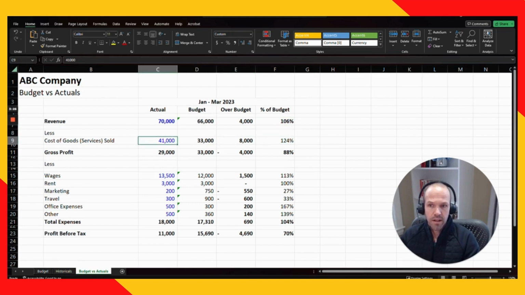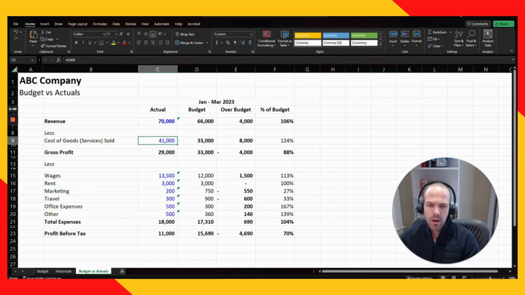And just a reminder from the other videos, cost of goods sold is basically the ingredients that go into those pizzas. So the budget for cost of goods sold was 33,000, which is 50% of the revenue. Here, you can actually see that cost of goods sold was higher than that. It was 41,000, but obviously there were higher revenues as well.